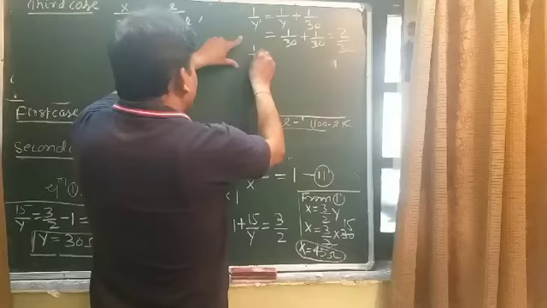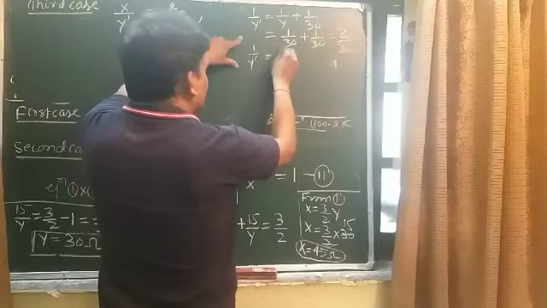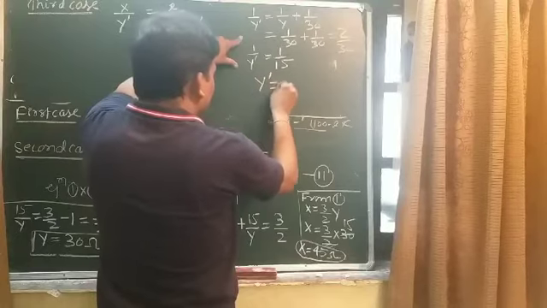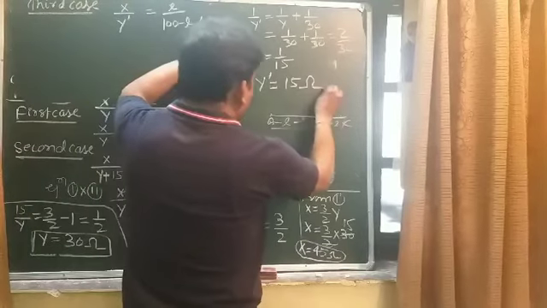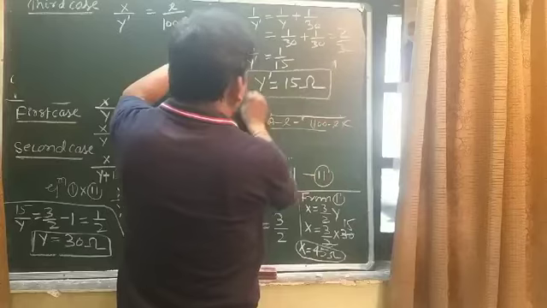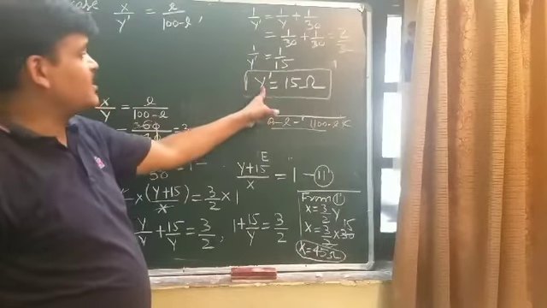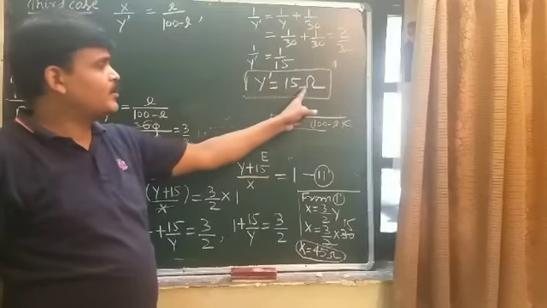So 1 by y dash is 1 by 15. So y dash comes out to be 15 ohm. When 30 ohm is connected in parallel with y, the resultant resistance y dash comes out to be 15 ohm.